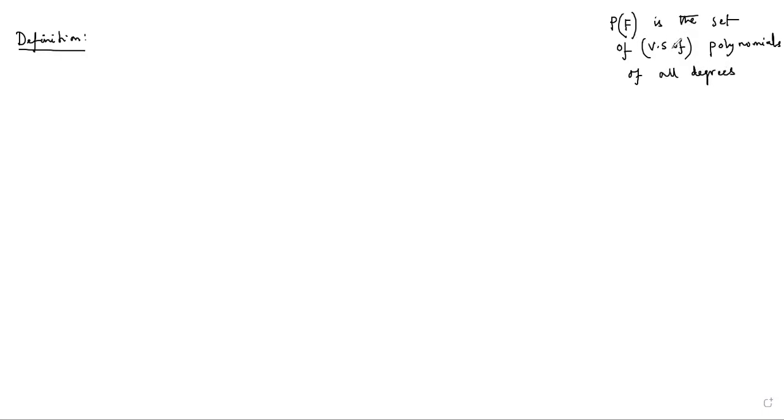P(F) is the set of vectors, or vector space, of polynomials of all degrees. Okay, so this is a vector space, you know very well, and its basis is given by this set.